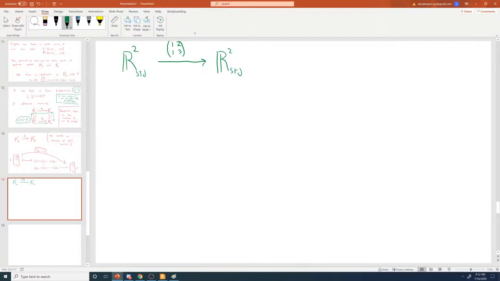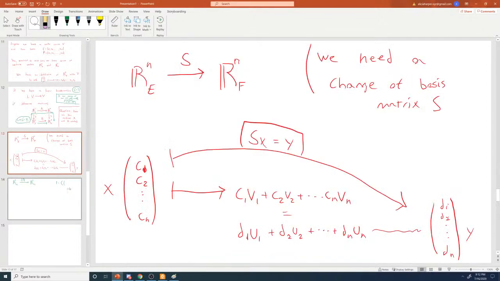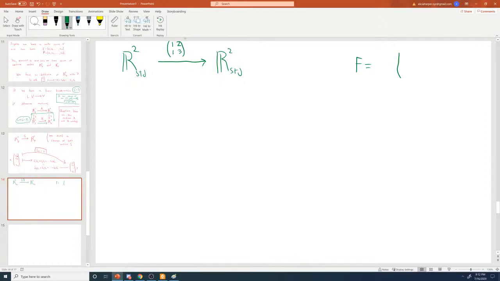Then I'm going to come up with another basis, F, with vectors (1, 1) and (1, -1).